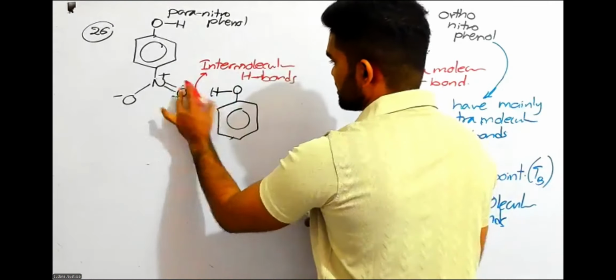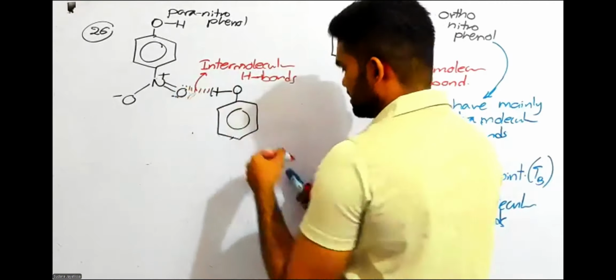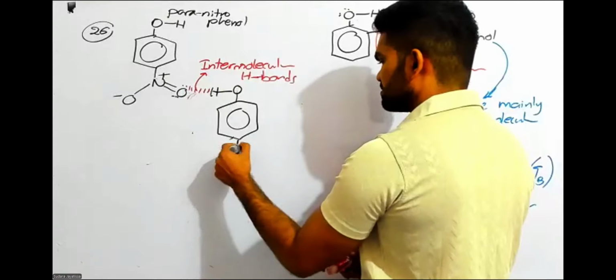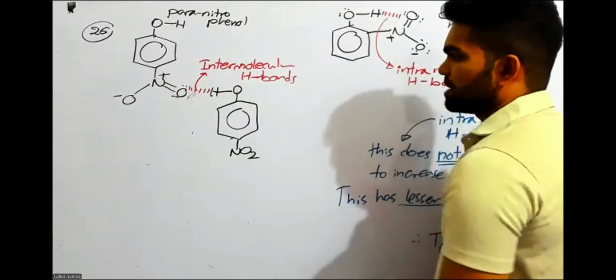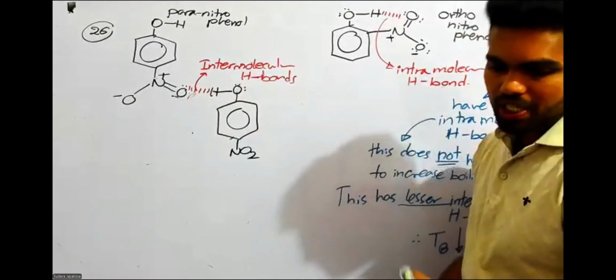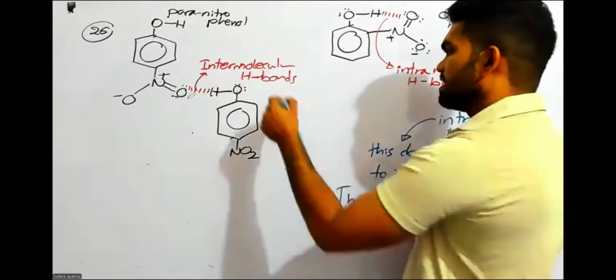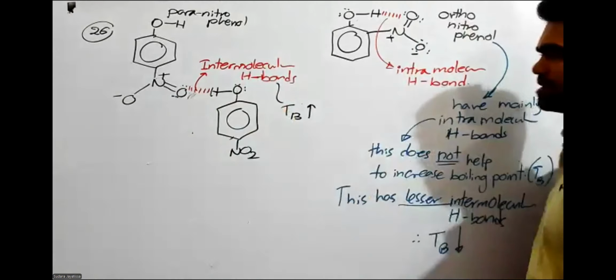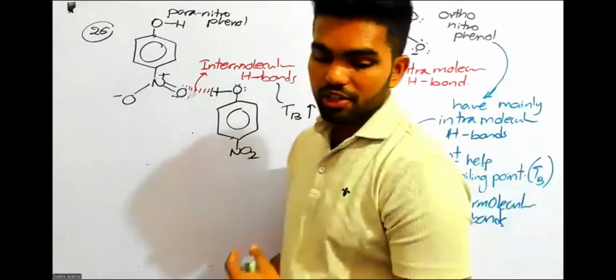That means I have to draw this to the lone pair. And intermolecular H bonds are really powerful. They can form between two molecules, and it is better. Therefore the opposite happens, and the boiling point will be higher.